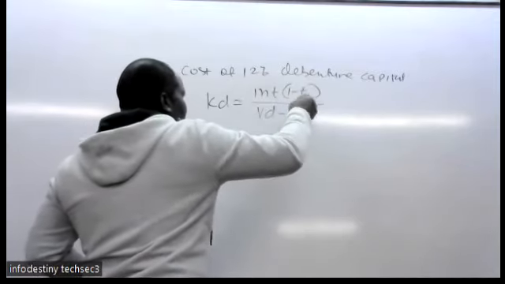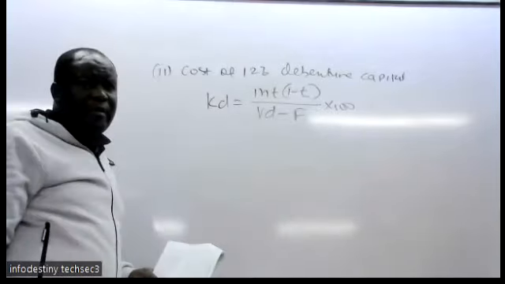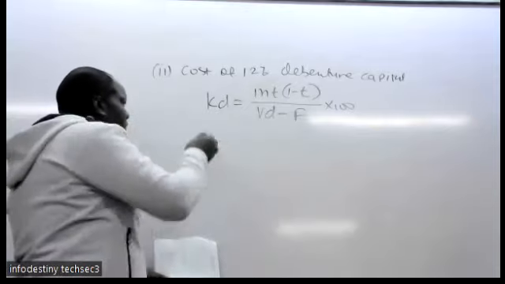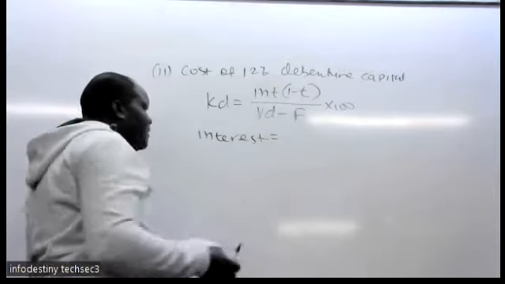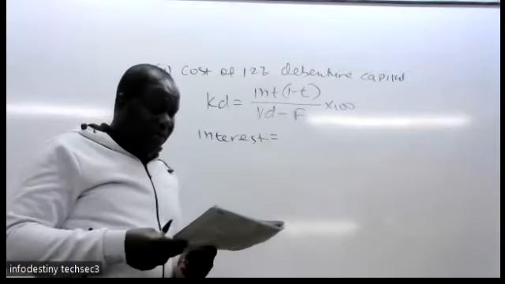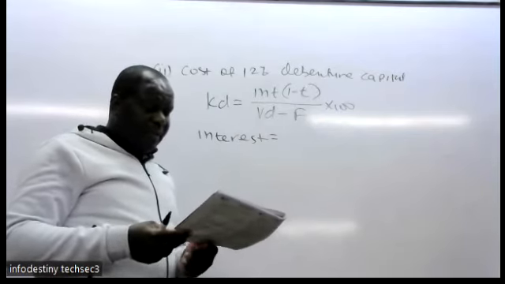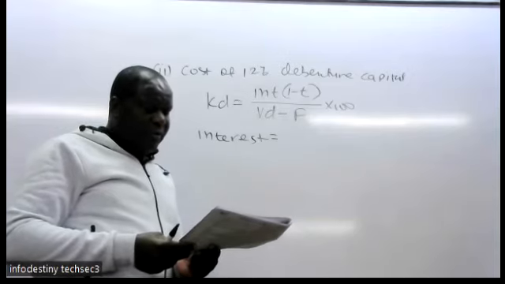Interest is normally calculated on the par value, so it is meant to be 12%. The par value was 20 shillings.